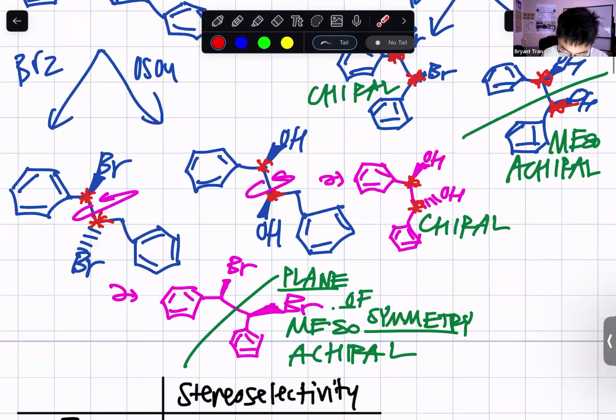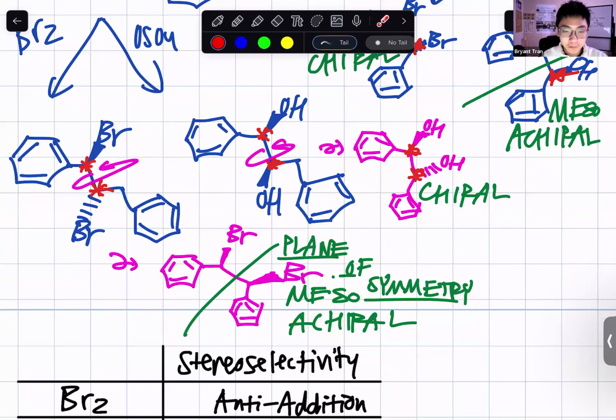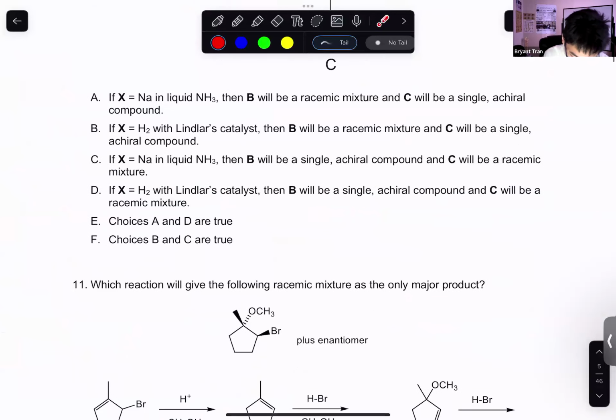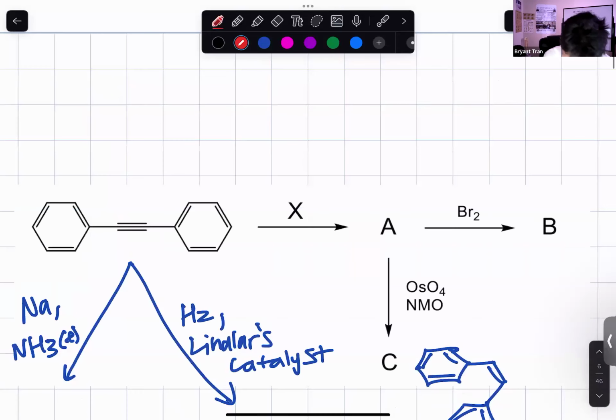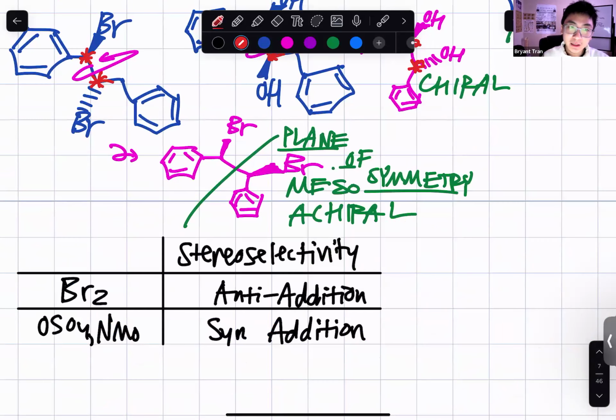Because this is not a chiral molecule, we cannot say enantiomers here. So A is wrong. For B, we can say that it is a racemic mixture, which is a 1-to-1 ratio of enantiomers.